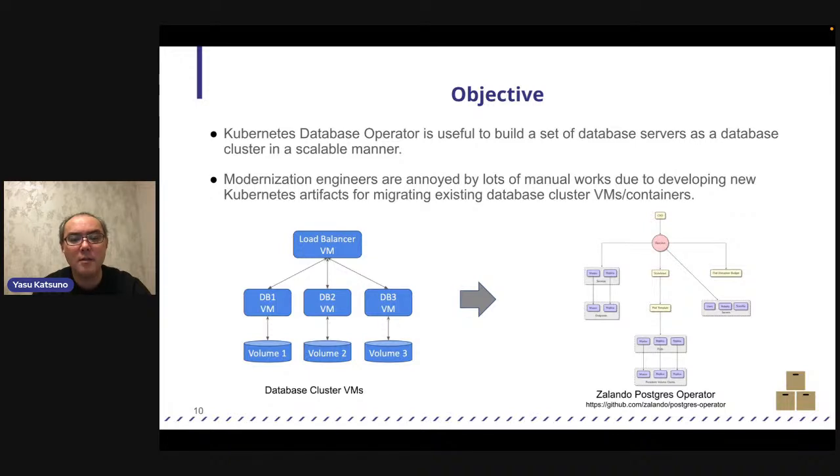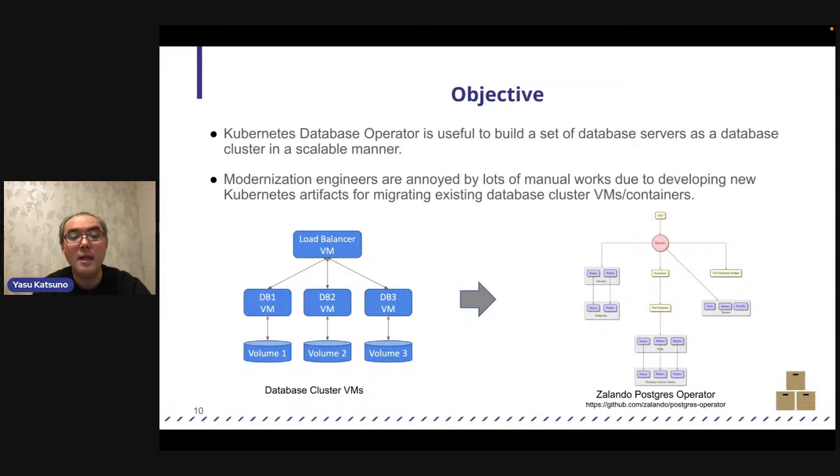And the right side is one of the popular Kubernetes database operators, the Postgres operator. Database operators can build database clusters, the same as VMs. But in order to deploy the right-side Postgres operator, the engineer needs to create a Kubernetes artifact file.